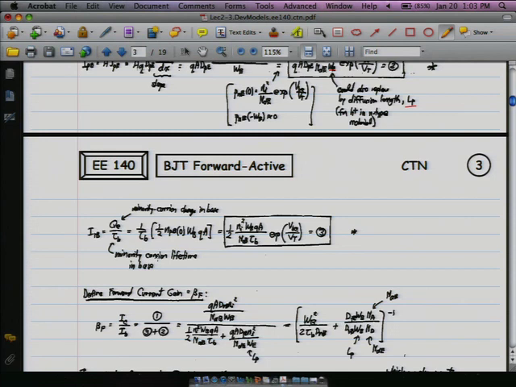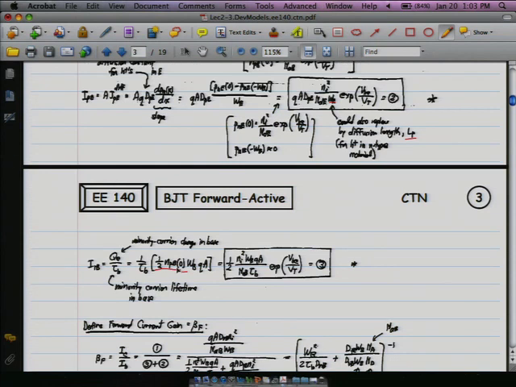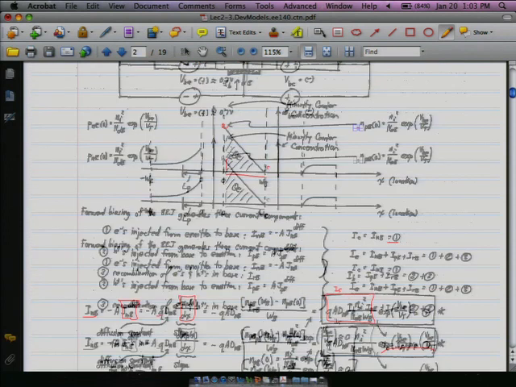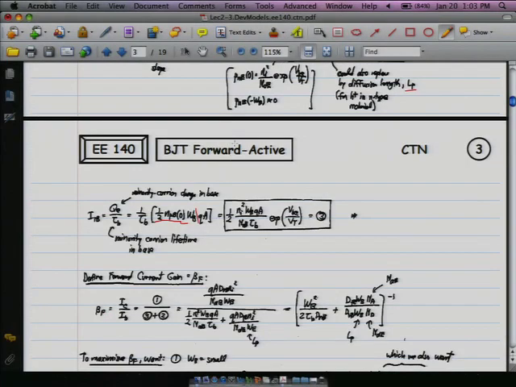It turns out this expression right here, the first terms up to the WB, is exactly the area under this triangle. You multiply WB, this NP at 0, and a 1/2 factor because it's a triangle. Pretty simple. You integrate under that, then multiply by the unit charge and scale by the cross-sectional area as before.